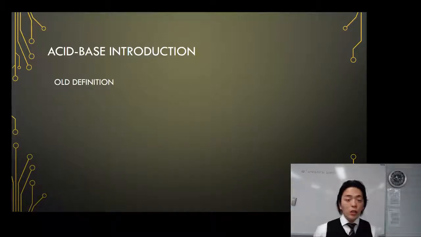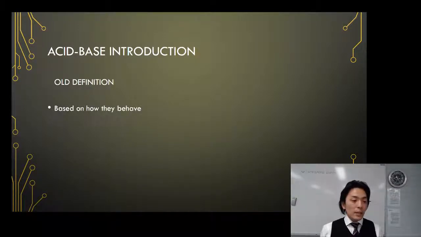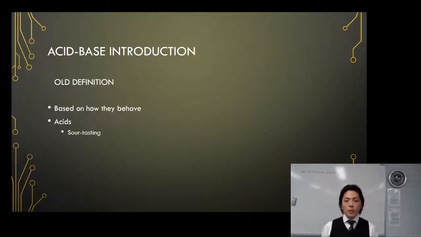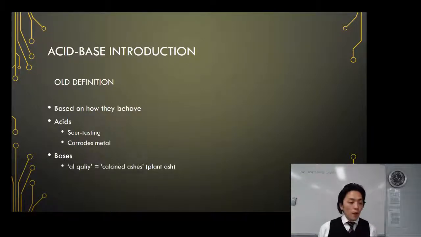Traditionally, the definitions of acids and bases were based on how they behaved. For acids, sour taste was the property that was believed to define acids, and they somehow corrode metal. Whereas bases derive from the word alkali.